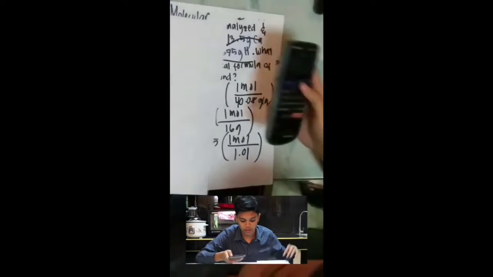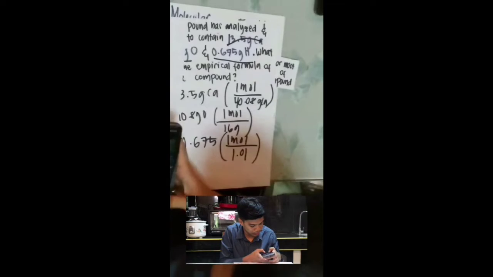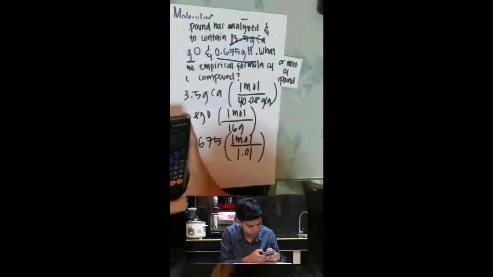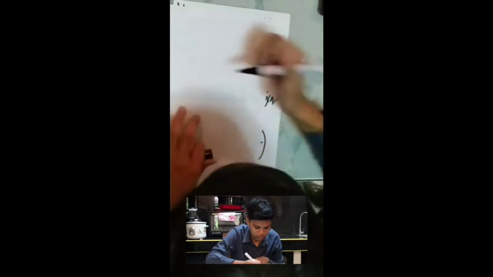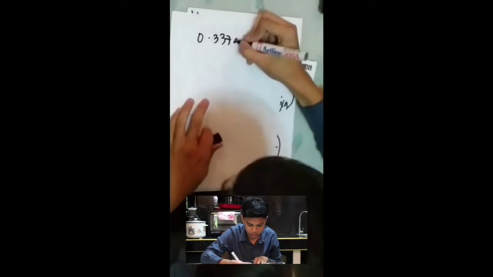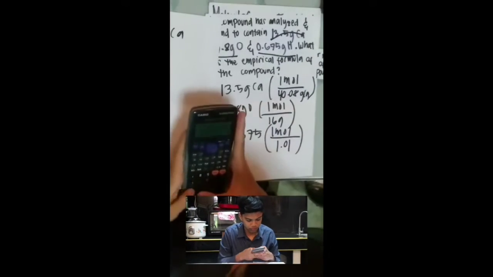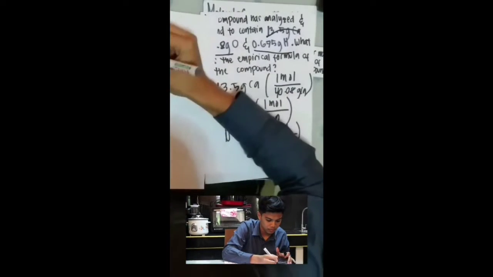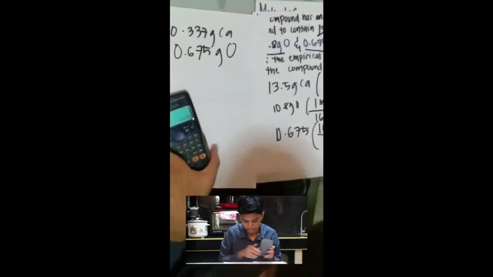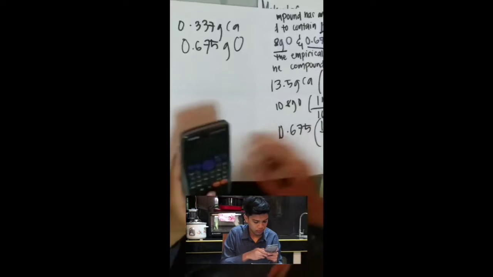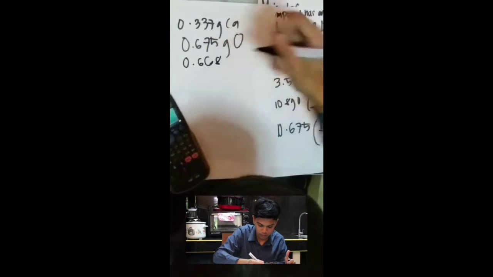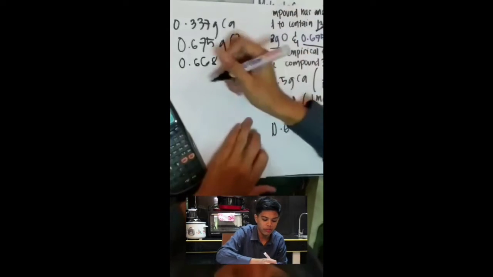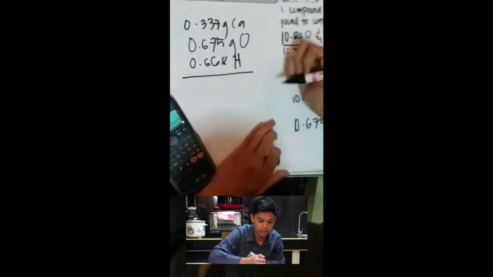So if we solve this, we'll get the mole values. Then we have to divide all of them by the smallest number we get.